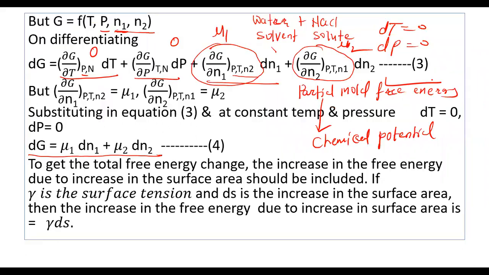So what is that total free energy? To get the total free energy change, the increase in the free energy due to the increase in the surface area should be included.